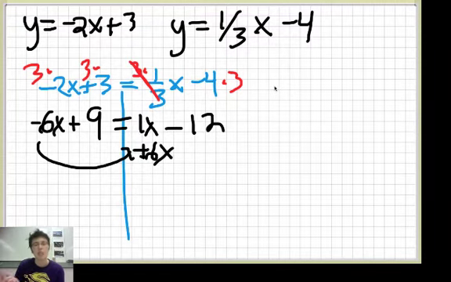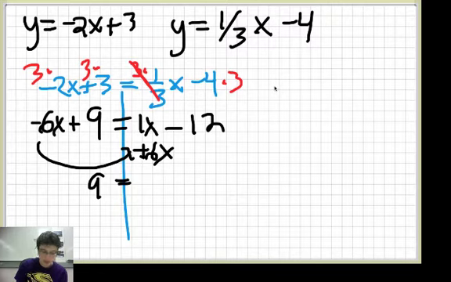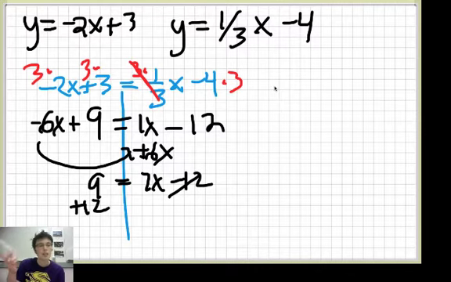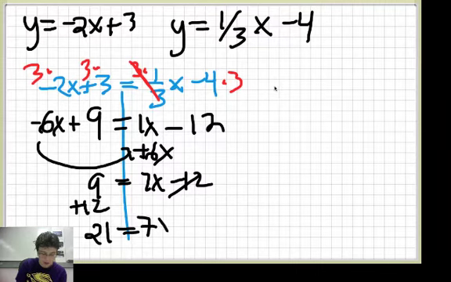I'd rather have positive x's. So I'm going to have 9 equals 1x plus 6x is 7x minus 12. I'm going to flip that 12 over, so it's a positive 12 over here. And 9 plus 12, I can do that math pretty easily. That's 21. So 21 equals 7x.